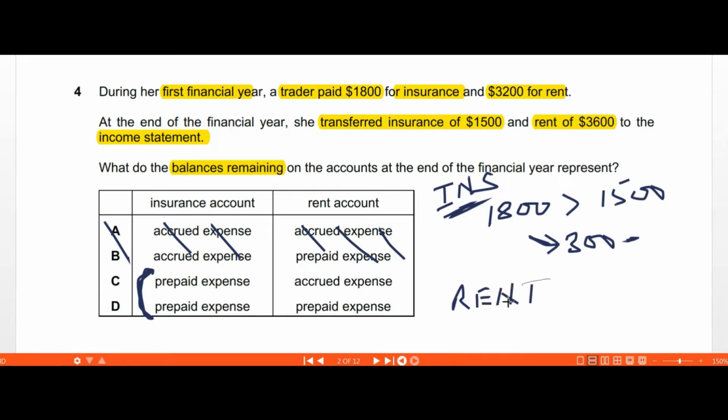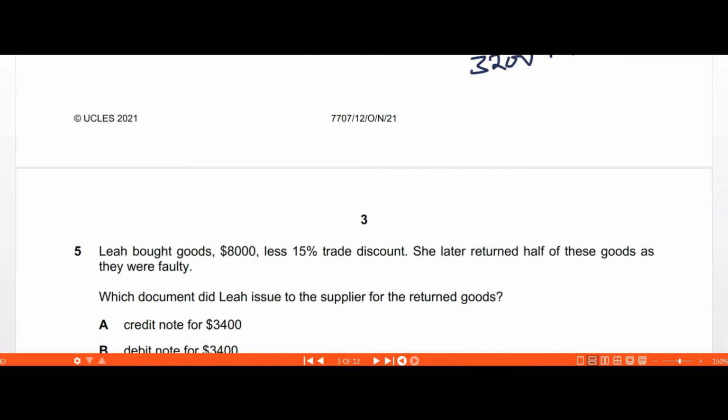So that means they have recorded more in the income statement, which is a very clear indication that this excess of 400 has been added to that previous 3200, and that's why this is an indicator that this was an accrued amount. So this is an accrued expense. So we can safely say we are choosing option C, whereas the insurance account is prepaid and the rent account is accrued expense. Moving on to question number 5.